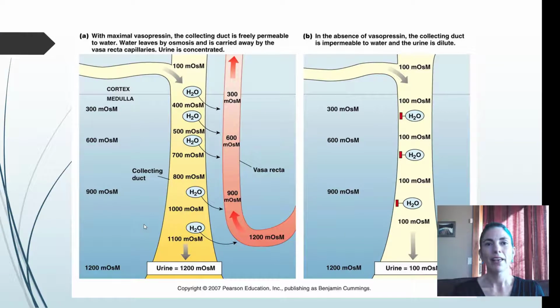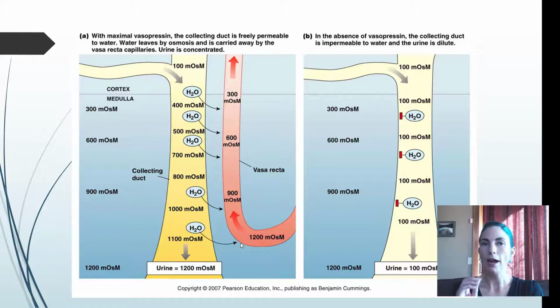All right, this is kind of a busy picture, but bear with me as I show it to you. Ignore the blood for my purposes. What I wanted to show you was that we have filtrate. It's coming down the collecting duct. You can see the osmolarity increases. And so we have the potential to draw out a lot of water because we're being exposed to an increasing concentration gradient.